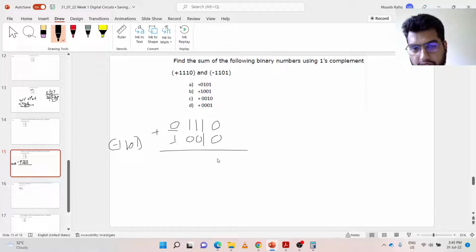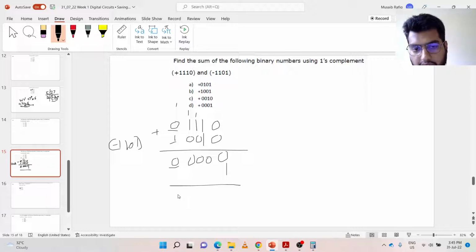Now we will add them up. 0 plus 0 is 0, and 1 plus 1 is 2, so this is 1, 0 as I told you in the earlier slides, and we have this carry 1. 1 plus 1 is 2 again, so we have 0 and carry 1. Again 1 plus 1 is 2, we have 0 and carry 1, and the last 1 plus 1 is 1, 0. The carry that I got here is added to the LSB.